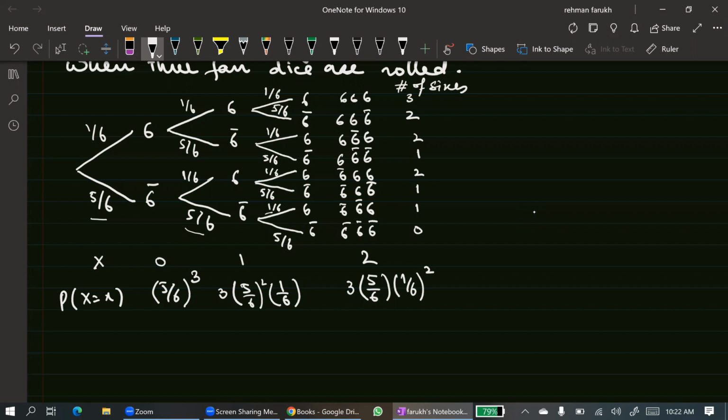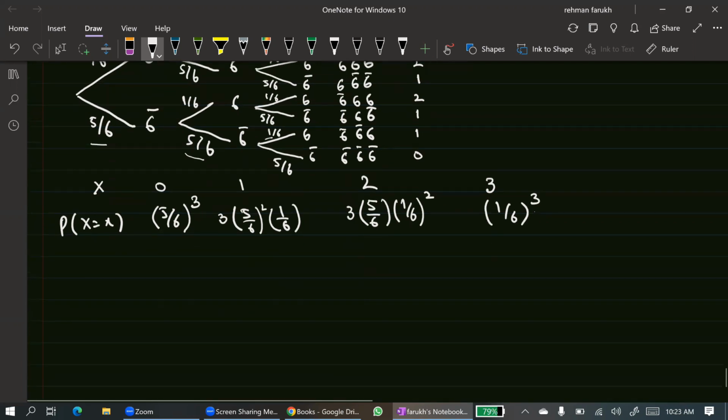All outcomes have the same probability, so we multiply the probability of one outcome with 3. Probability of 3 sixes is 1 by 6 cube. This is the probability distribution for the number of sixes when 3 fair dice are rolled.